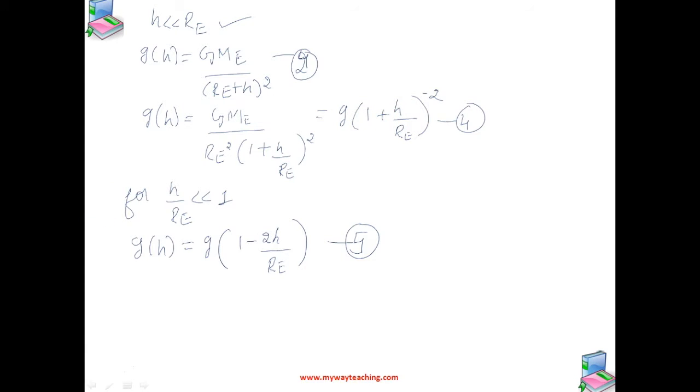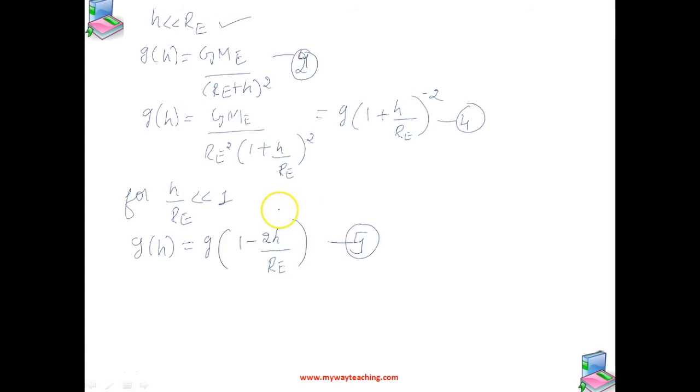If h by re is less than 1, then using the binomial expression, g of h is equal to g into 1 minus 2h by re, which tells that for small heights h the value of g decreases by the factor 1 minus 2h by re. So these expressions give us the acceleration due to gravity above the surface of the earth.